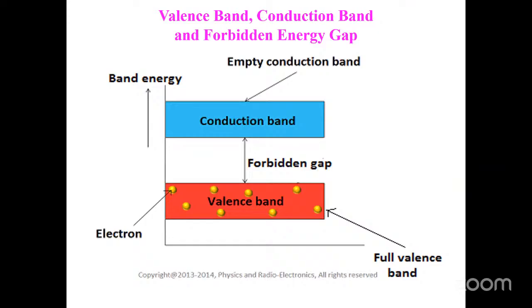So you can observe the valence band. How is this band forming here? Just now we discussed the sodium atom: atomic number 11, 1s2, 2s2, 2p6, 3s1.